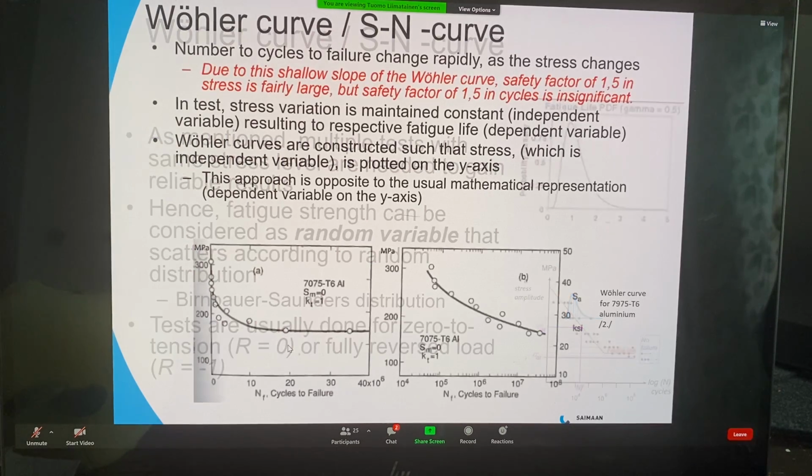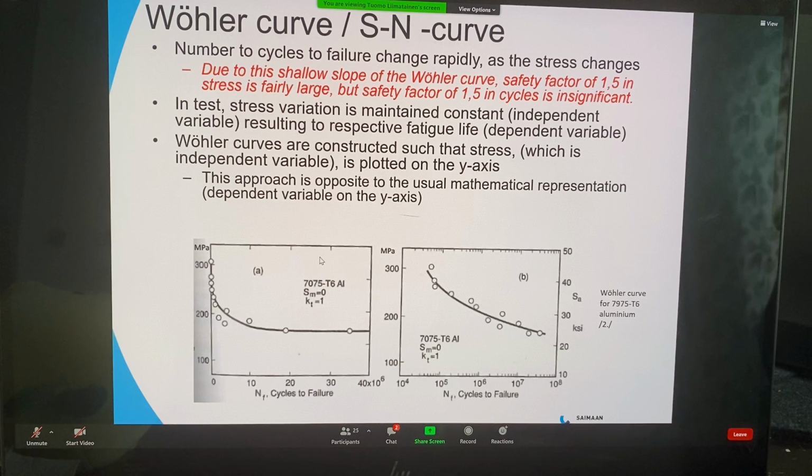Okay. Previously we spoke that this curve is in a logarithmic scale, at least in the x-axis. And here's the reason why. In this picture, you can see the Wöhler curve of a certain aluminum. First of all, in the left side picture, it's described in a linear scale.